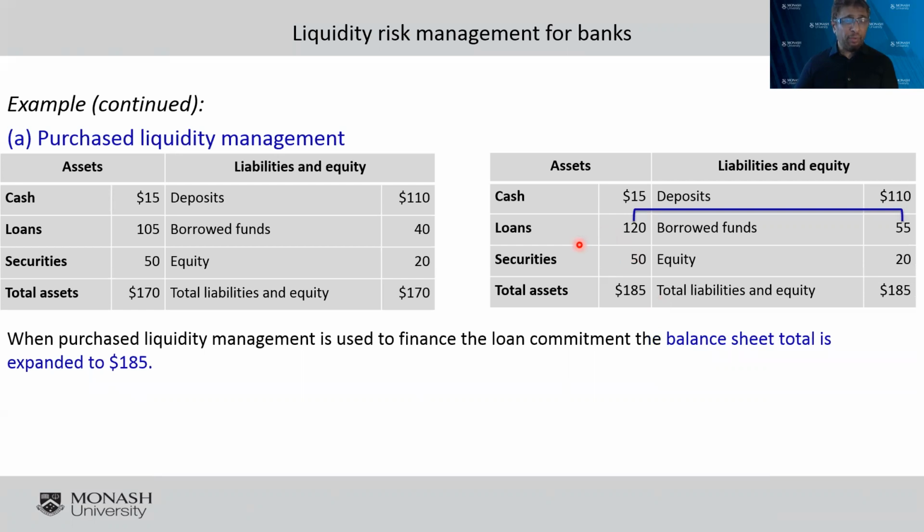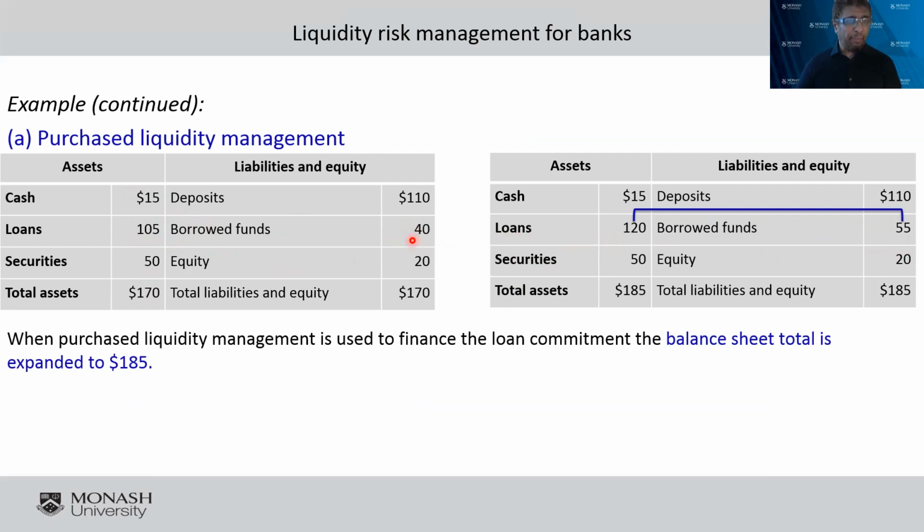So what would happen if we finance it through the liability side? If you finance it through the liability side, the balance sheet will increase. So don't touch the asset side. I go and borrow. Somebody comes and wants 15 million of loan, so I can now go and borrow 15.